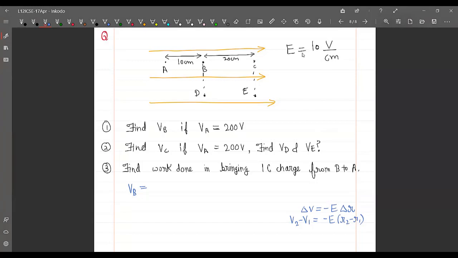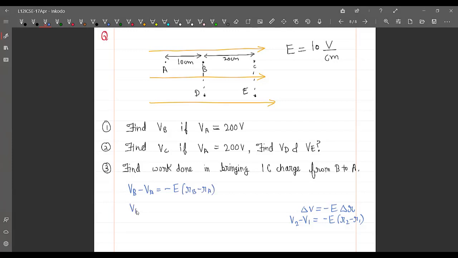See, this is given in volt per centimeter already. So I can write VB minus VA will be equal to minus of E into RB minus RA.